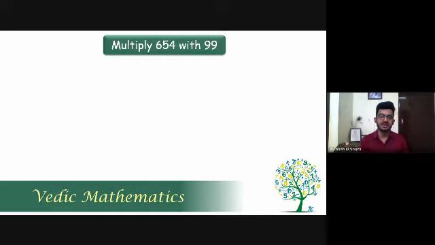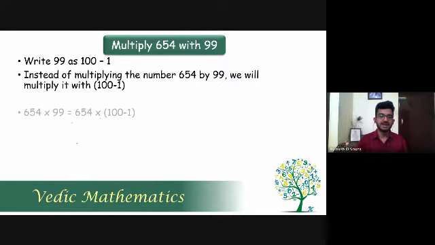As another example, if 999 is the multiplier, the base will be 1000, and 999 can be written as 1000 minus 1. The same thing applies here. I'm writing 99 as 100 minus 1, and instead of multiplying 654 with 99, I'm multiplying 654 by 100 minus 1, and this multiplication is easy.